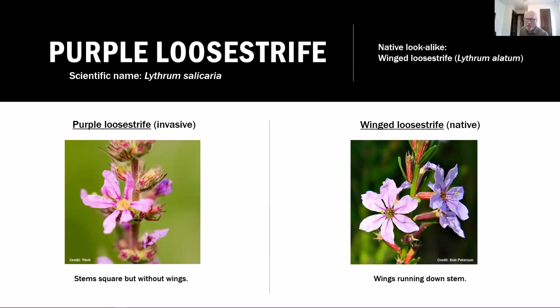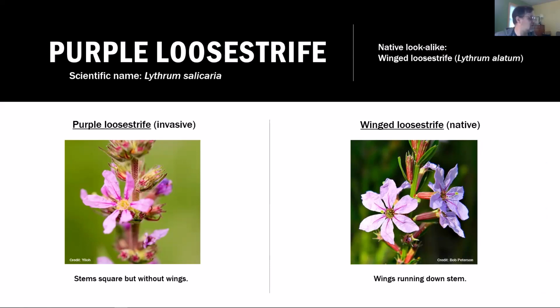Well, I saw winged loosestrife way long ago in Michigan, and I can't speak to the exact habitat, but I can pretty much guarantee you that purple loosestrife can probably grow in winged loosestrife habitat, because it can grow in pretty much any wetland, and also along streams and rivers and in scour areas that may not look wet, but get wet enough that this plant can get a foothold.